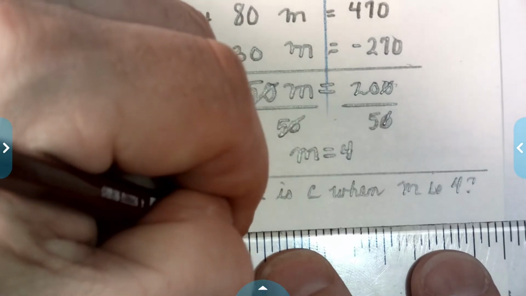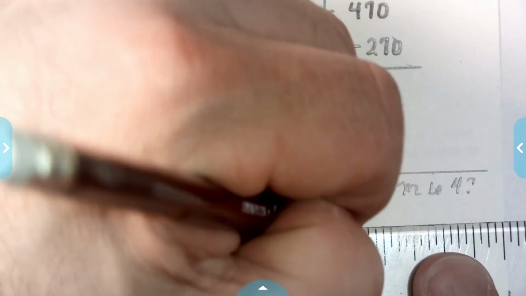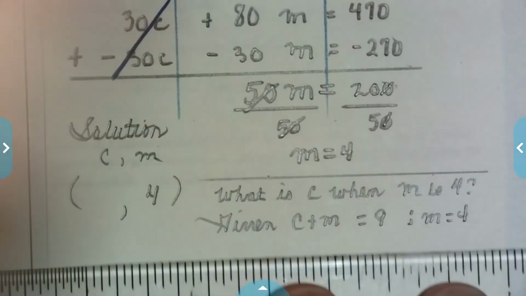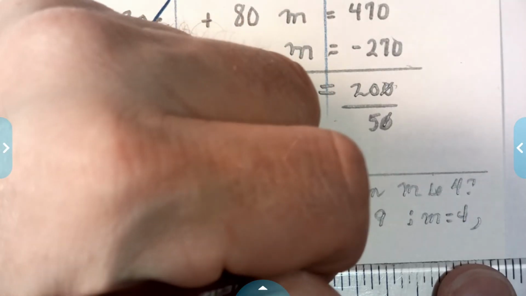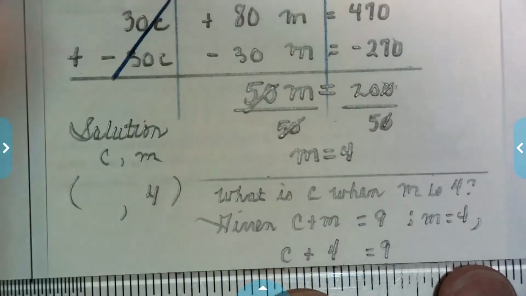So we can say given C plus M equals 9 and M equals 4, then C plus 4 equals 9.